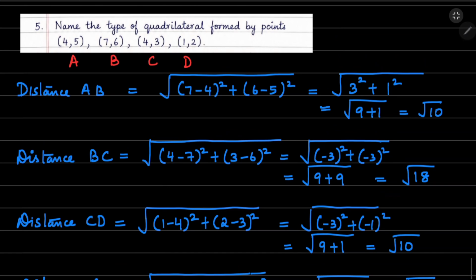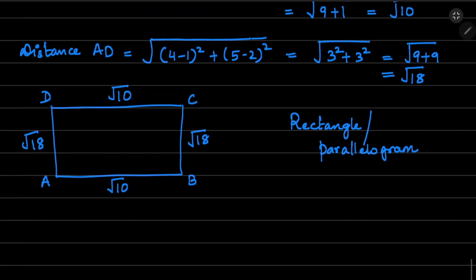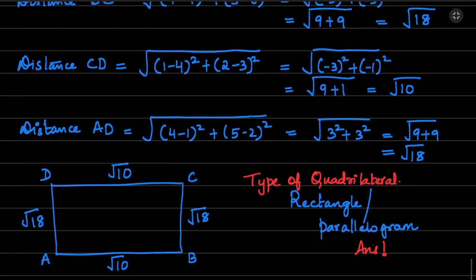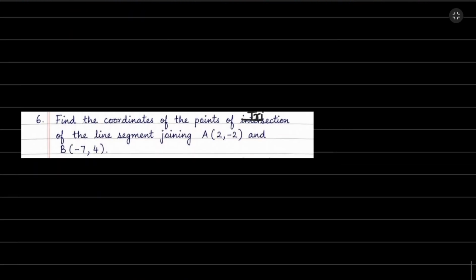Based on the length of the sides, you observe that the opposite sides are equal, so it could be a rectangle or it could be a parallelogram, and that's your answer. This is the type of quadrilateral. So that was your 5th question. Let's move on to the 6th one.